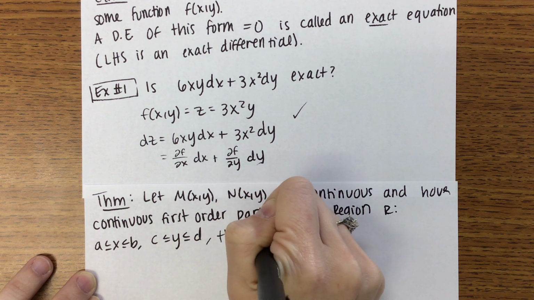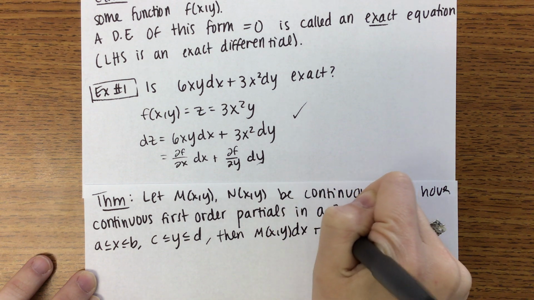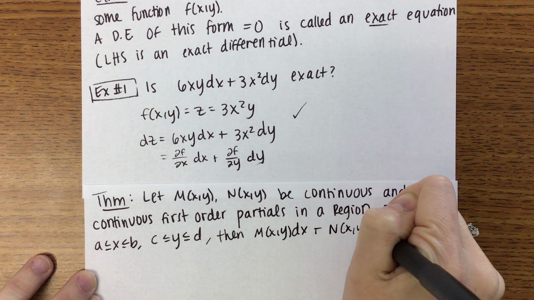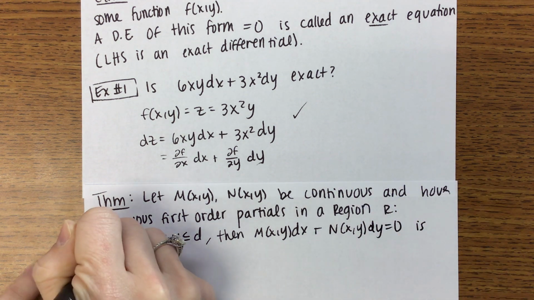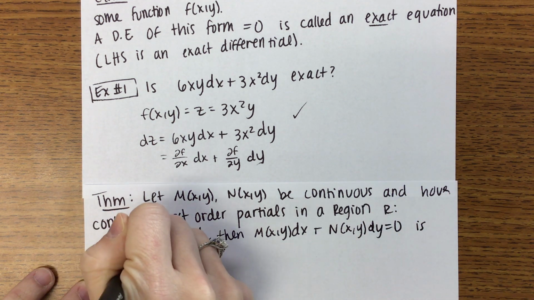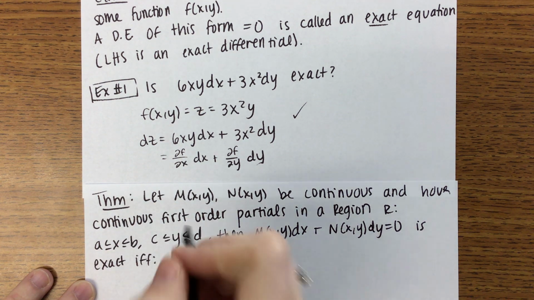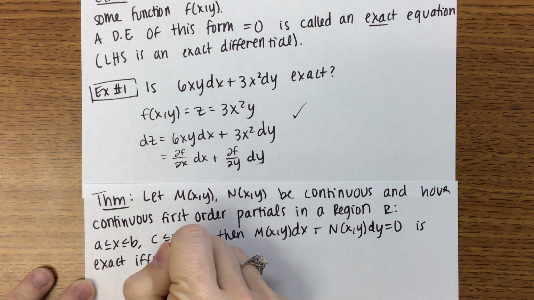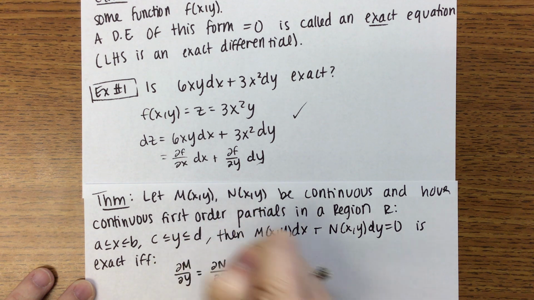Then M of x,y dx add N of x,y dy equals 0 is exact if and only if the following is true. The partial of M with respect to y is equal to the partial of N with respect to x.